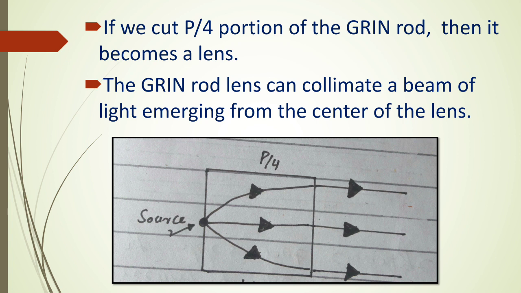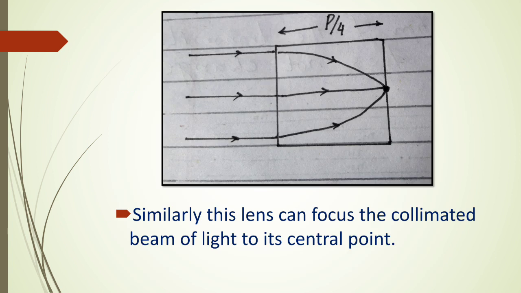All the remaining rays of the cone will follow a sinusoidal path, and all these rays will be converted to a collimated beam of light by the GRIN rod lens. Similarly, this lens is used to focus the collimated beam of light to its central point.